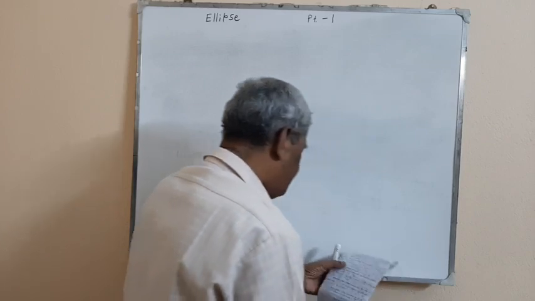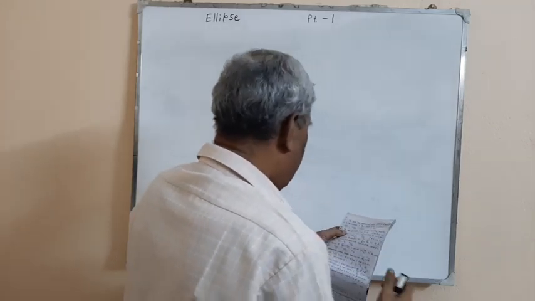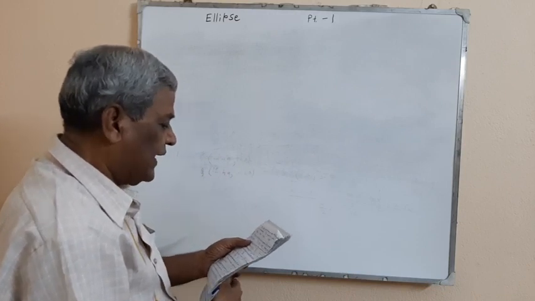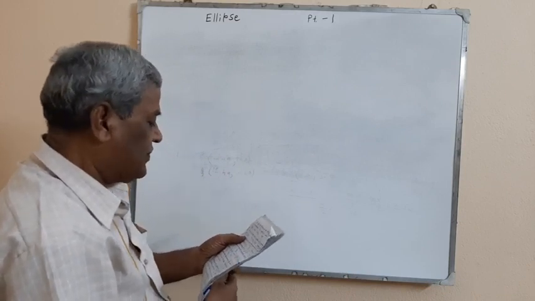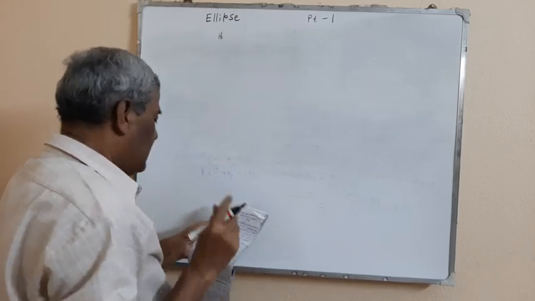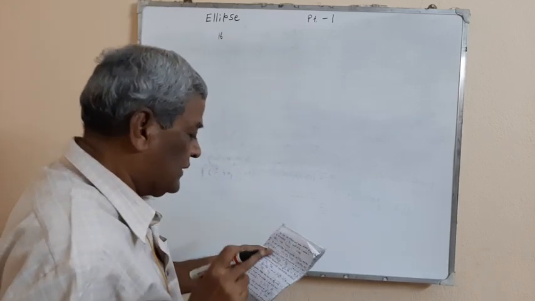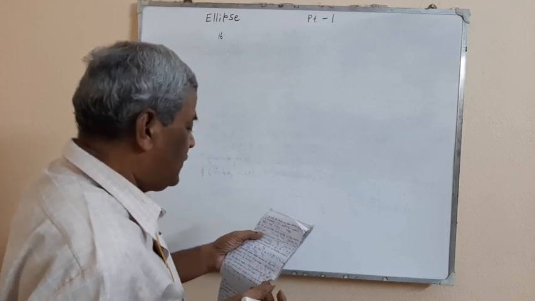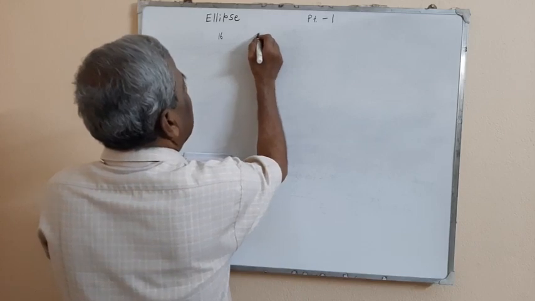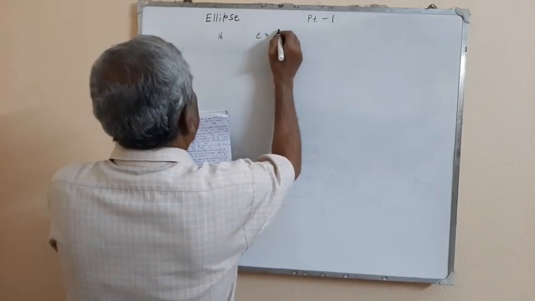First problem. The distance between a focus and its corresponding directrix of an ellipse is 16. Its eccentricity is 3 by 5.